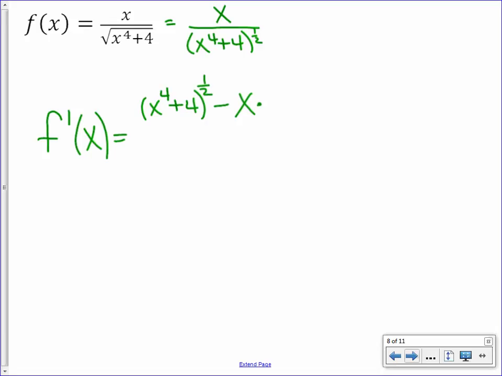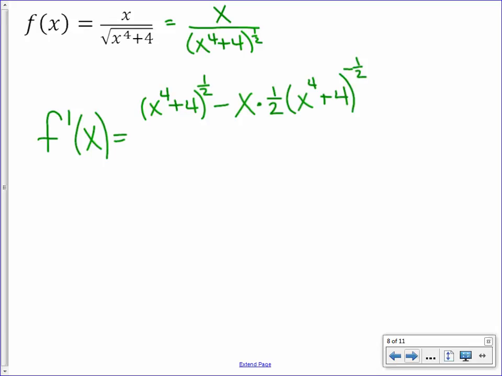We have a composition. So the first rule we're going to perform is the chain rule. So the outside, we have a power of 1/2.